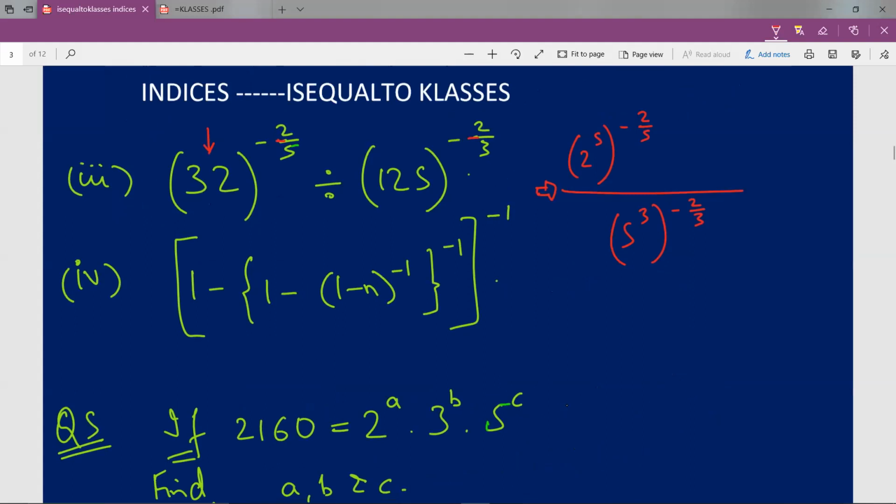So this question seems to be a bit confusing, but we'll see this part by part. What you need to understand is that this is the first bracket that we'll be opening. Then we'll be opening this curly bracket, and finally we'll be opening this bracket.